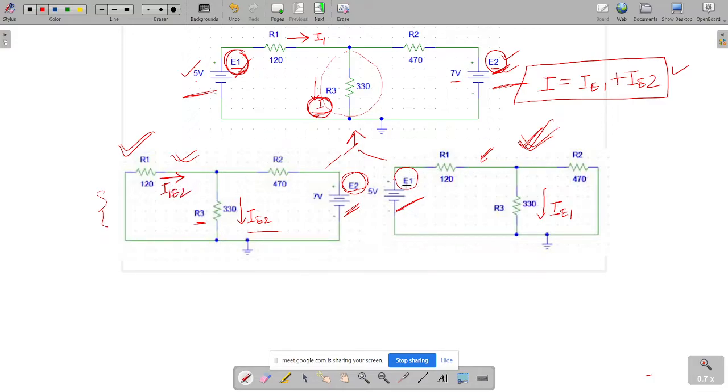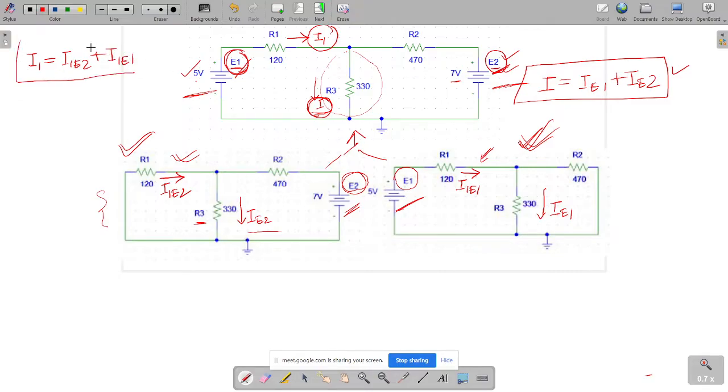Similarly, when only E1 is present and E2 is absent in the circuit, the current flowing through R1 is I1E1. Now what will be the value of I1 when both the voltage sources are simultaneously active at the same time? I1 will be equal to I1E2 plus I1E1, the same thing.